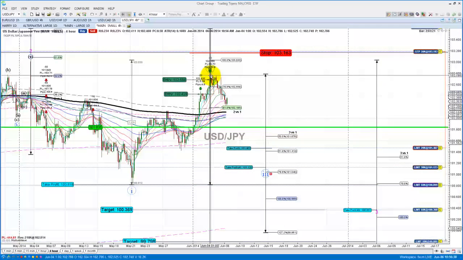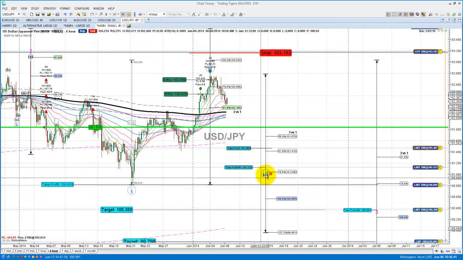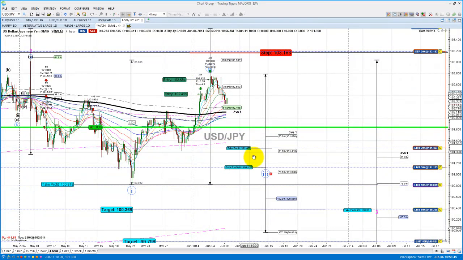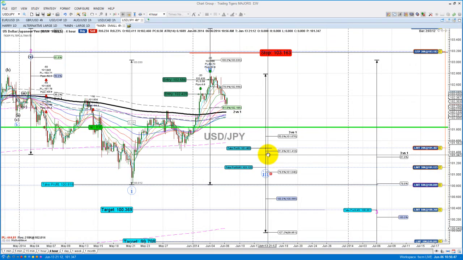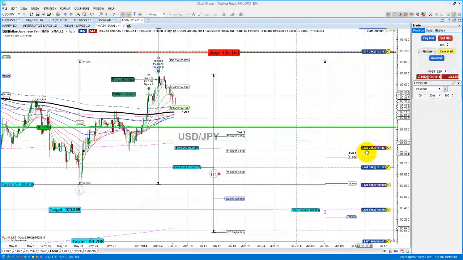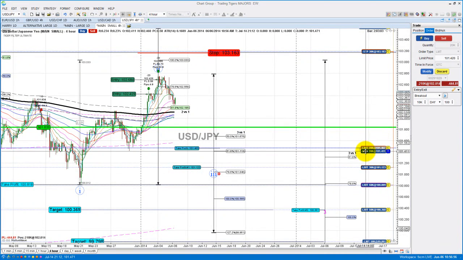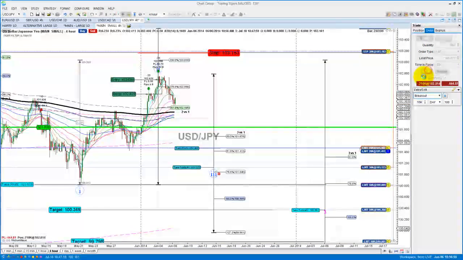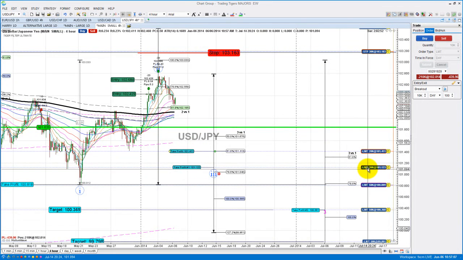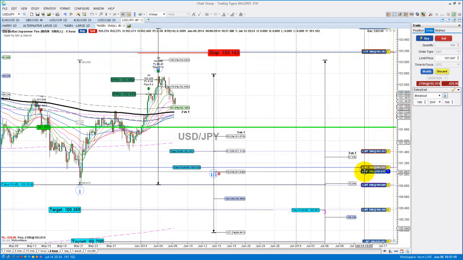So let's look right now at where we stand in terms of this wave count. We've taken that wave 2 up here. Our profit targets have to be altered for these two particular waves, and we'll put it back to the 61.8 level. We'll move that back to the 61.8 level here, and move this one back to the 78.6 level.